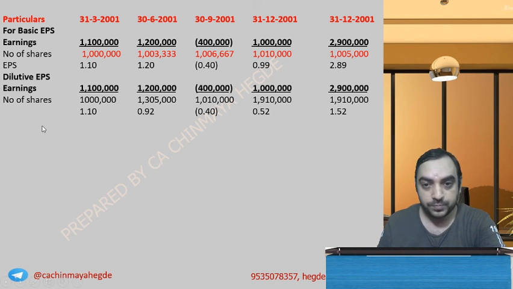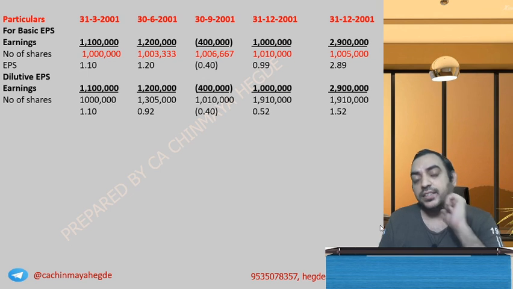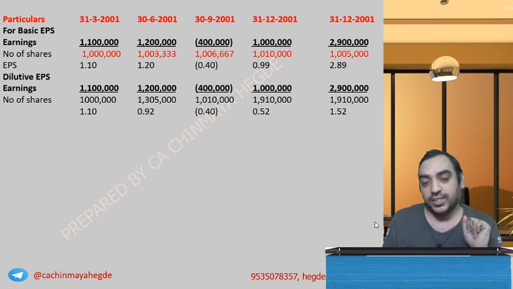Shall we go further? Okay, good. This is Ind AS 33, earnings per share, especially about contingently issuable shares.